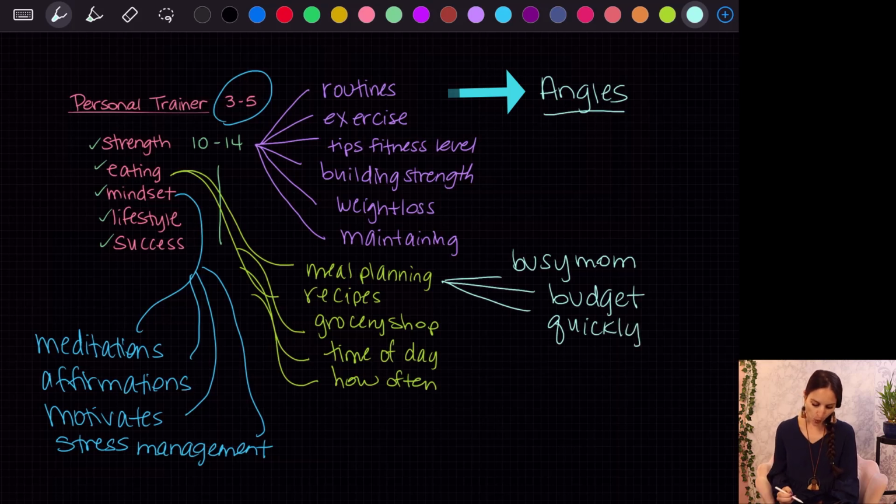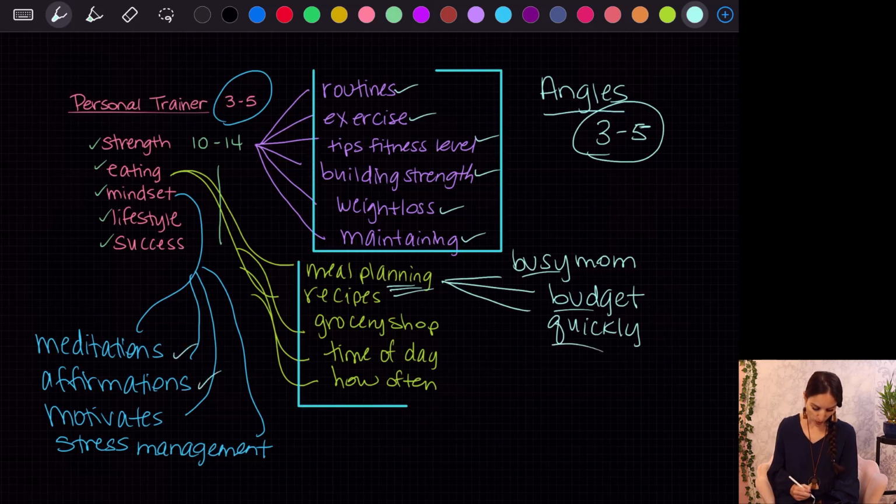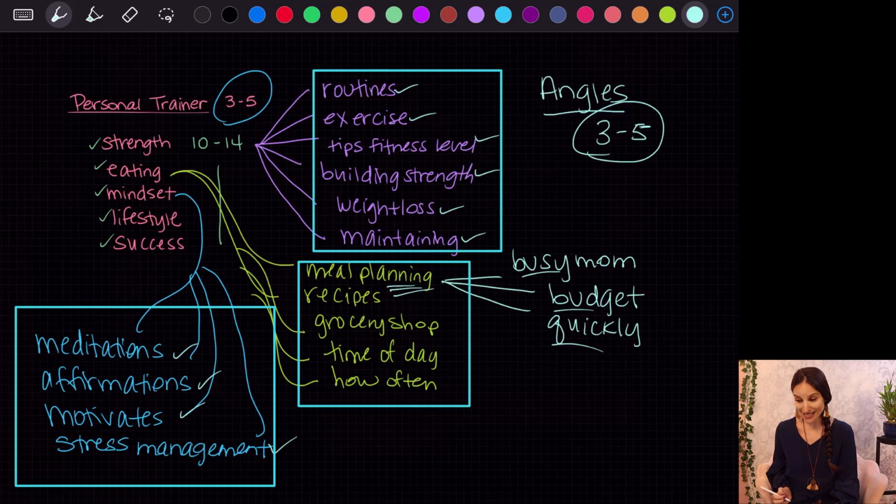So each one of these expanded topics, we can now hit from 3 to 5 different angles, which means one day we might talk about meal planning as a busy person. Another day we'll talk about meal planning on a budget. Another day we'll talk about meal planning quickly. And you would do that for every single one of these expanded ideas.